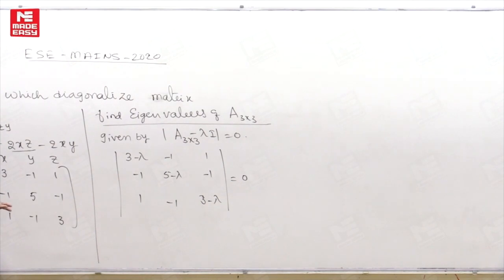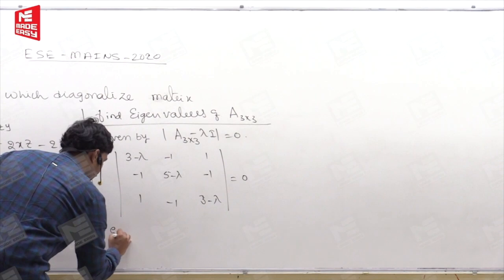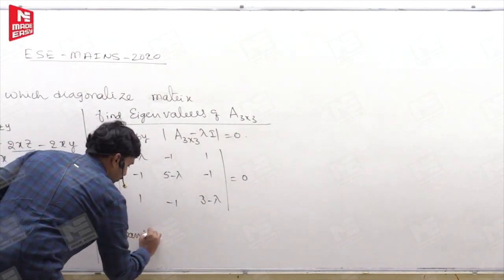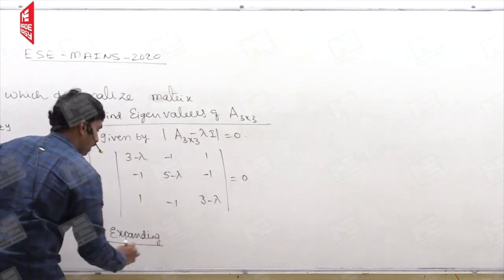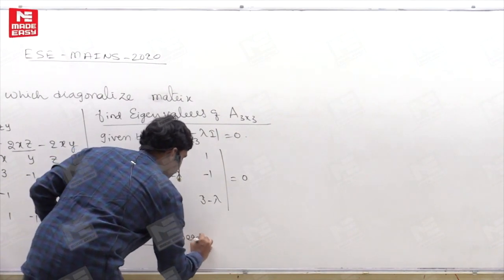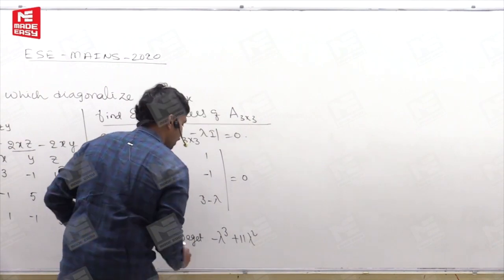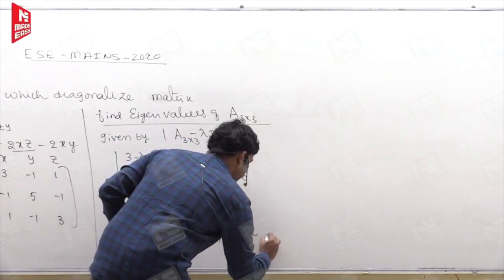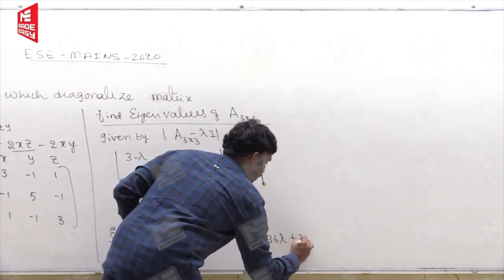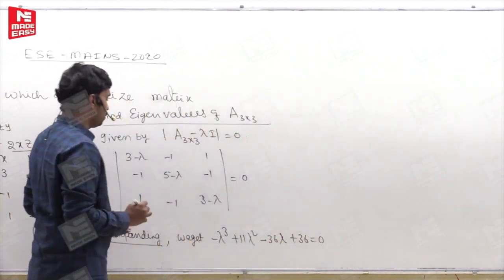If you expand this equation and solve it, what do you get? Expanding here, we get minus lambda cube plus 11 lambda square minus 36 lambda plus 36 is equal to 0.